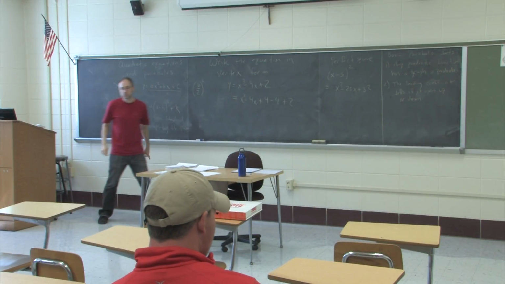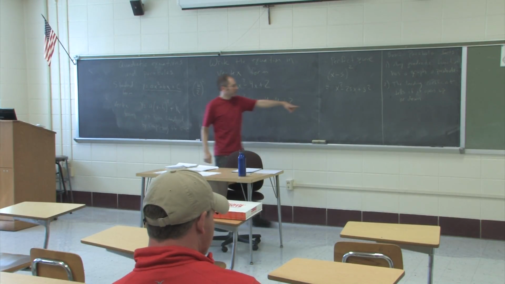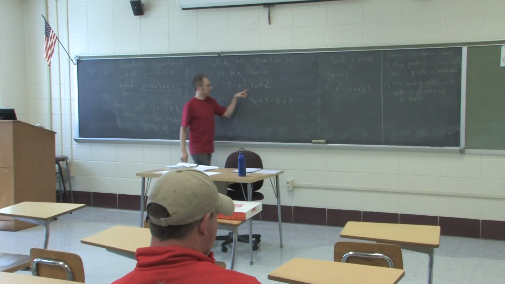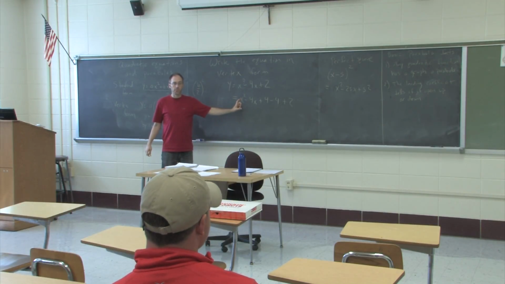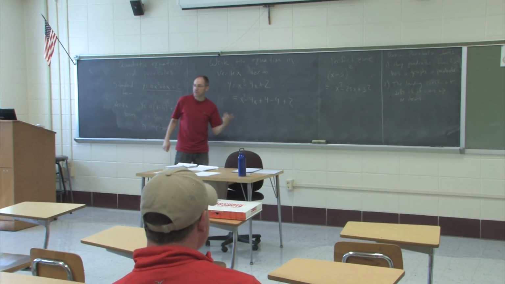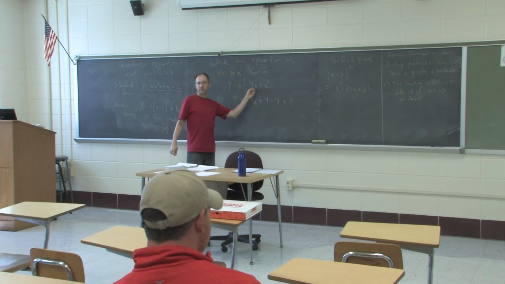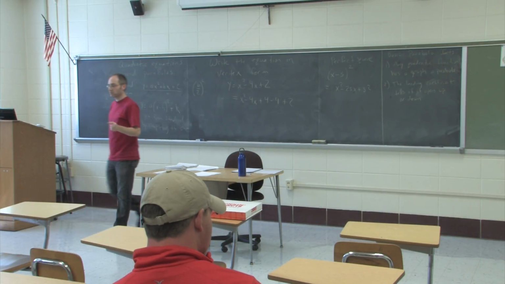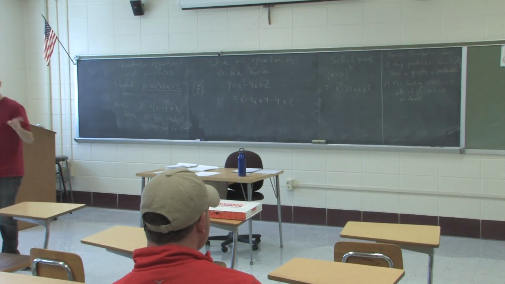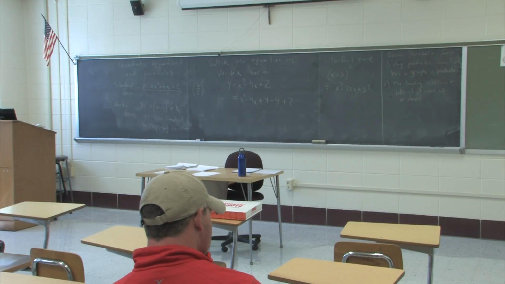So this is what I want to achieve by completing the square. You're guaranteed to get that if you take half of the first-order coefficient and then square it.